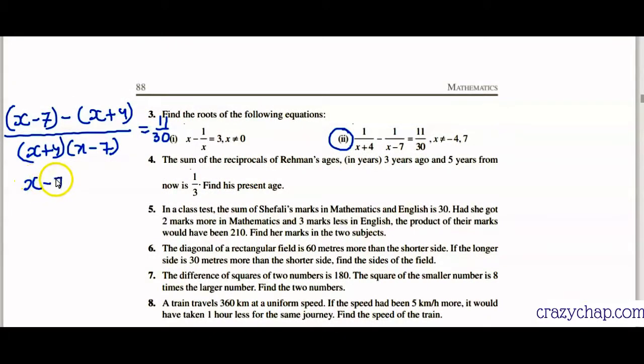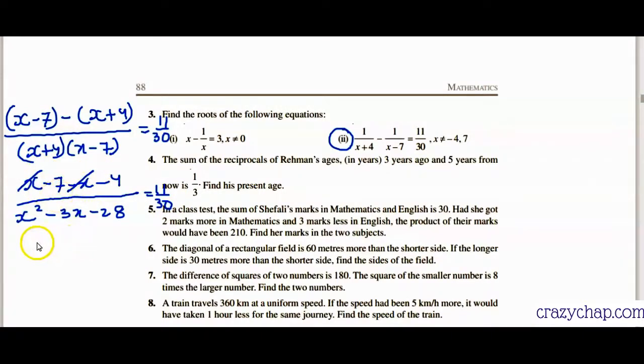x minus 7 minus x minus 4 over, when we multiply, we will get x square minus 3x minus 28 equal to 11 over 30, right? So minus x plus x finish, we get negative 11 over x square minus 3x minus 28 equal to 11 over 30.